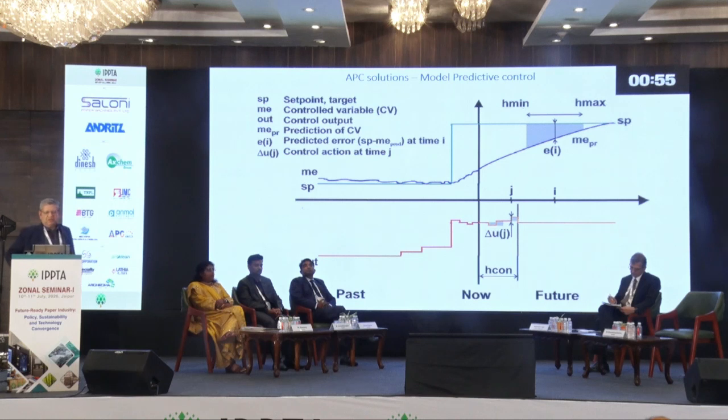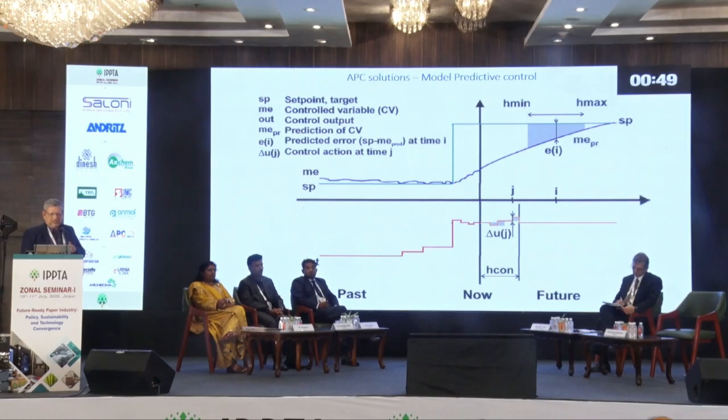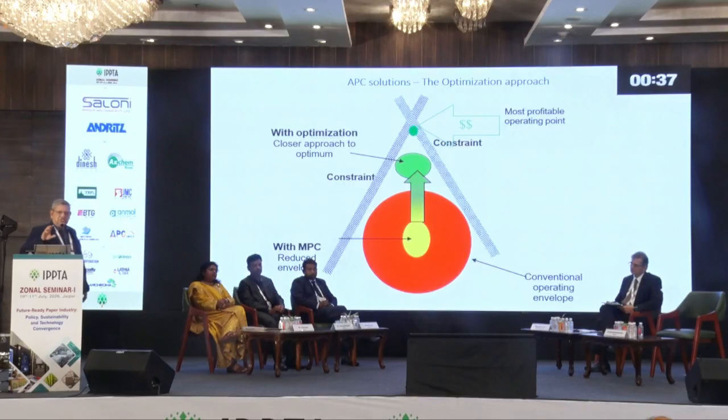So this is how the model predictive control works. I have just used the terms for people to get a better understanding. Otherwise, people who are operating may not know what the ingredients are in the process. This slide, please focus on this. This epitomizes the whole advanced process.